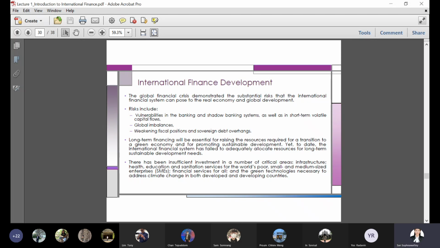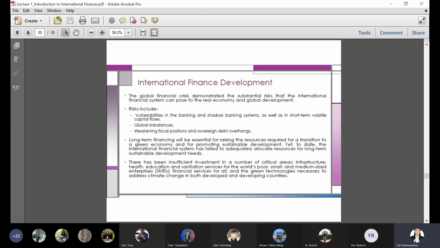But up until now, the global financial system has not yet allocated the resources for long-term sustainable development needs.